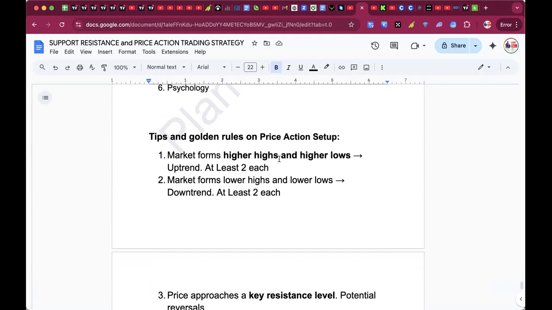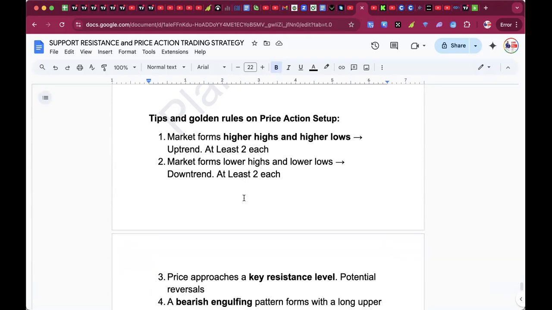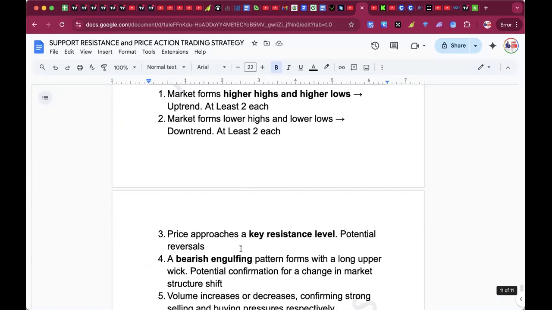Market forms higher highs and higher lows, and that's called an uptrend. At least 2 each: a higher high, a higher low, a higher high, a higher low. That is an uptrend. Now, market forms lower highs and lower lows. That's a downtrend, at least 2 each.